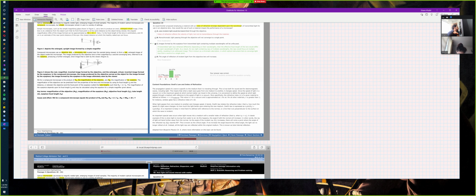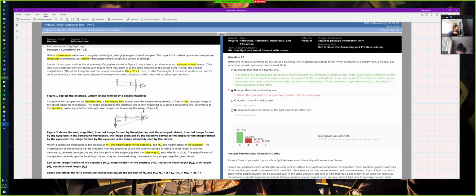Let me zoom in on this. Basically, the objective lens makes a real image. What's the main difference between a real image and a virtual image? Does it have to do with where the image is formed? A real image can be projected onto something, whereas a virtual image cannot be projected onto anything, it's just within the mirror world.